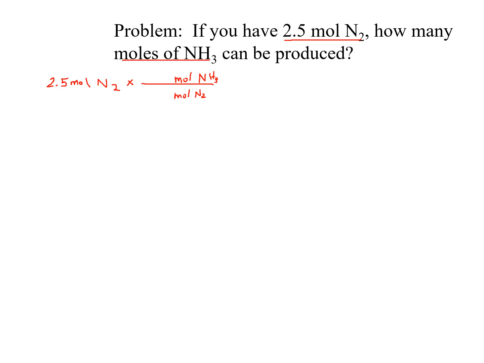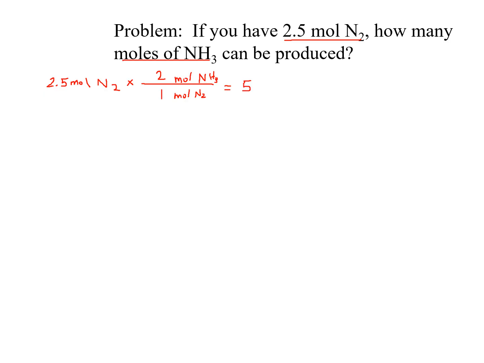Now, what numbers do I put with these units? Well, that goes back to our balanced equation. In our balanced equation, it had a 1 next to N2, and it had a 2 next to NH3. So this is telling me that if I take 2.5 times 2, I will get my answer, which of course would be 5, right?